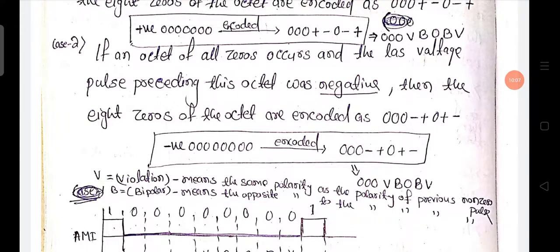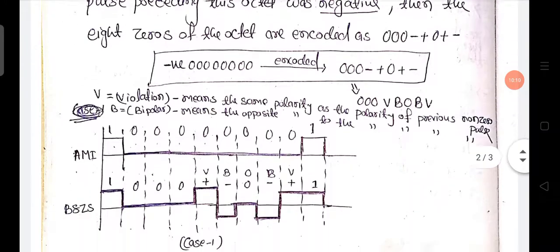We'll understand V and B clearly in the waveform.